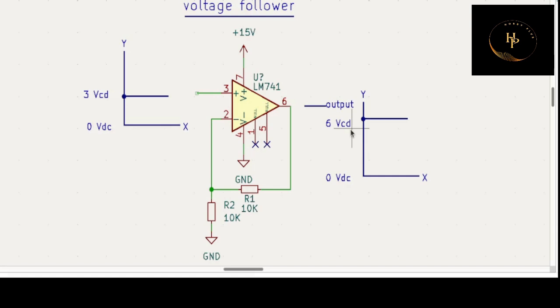So as a voltage follower, or you change your circuit, if you change the feedback, then you can get a different output from the op-amp. And now this circuit is not a voltage follower. This circuit is a voltage amplifier. Now it is a voltage amplifier circuit.